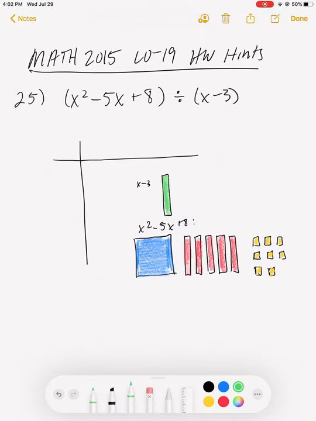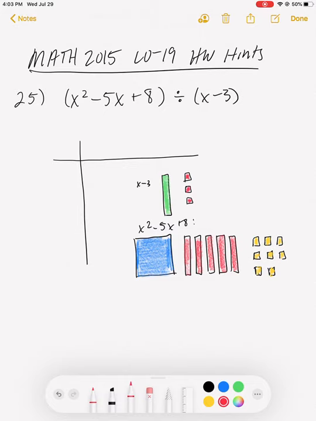And I'm going to do negative 3, which is going to be 3 little negative squares. Those are the 3 negative squares, and I'll make them red because they're negative. Alright, then we have our problem laid out.